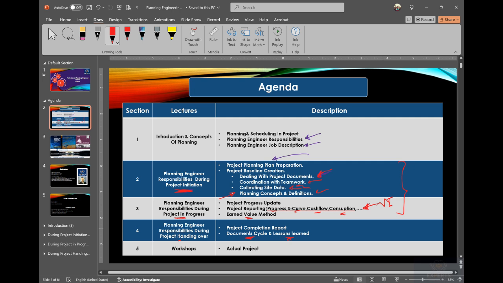Okay, then after that we will go for a workshop. We'll work together with an actual project, especially from Saudi Arabia, so we can understand how to do this. Because we will not leave you until you understand all these concepts, and you work with us under my direct supervision by our WhatsApp group, which will complete the course itself on Udemy.